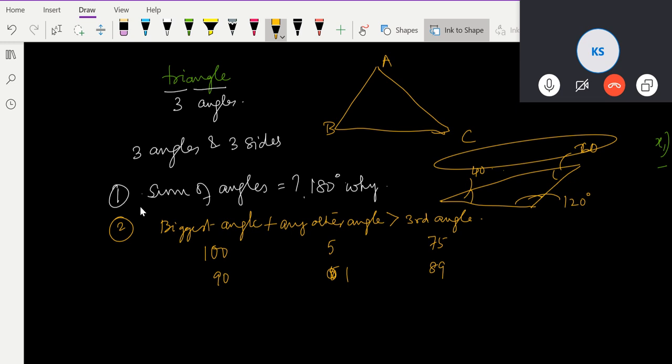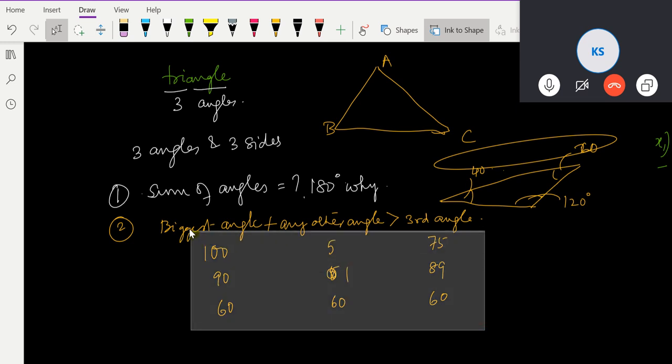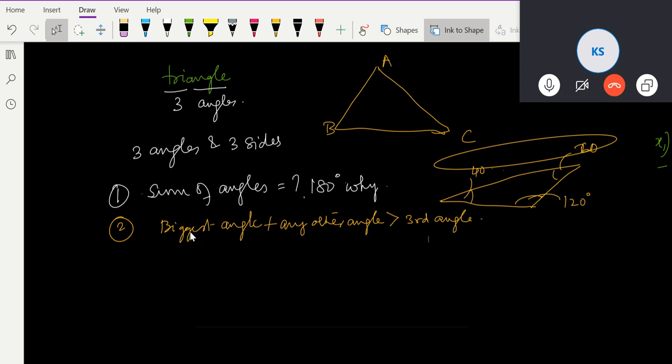And if the biggest angle is 60, then the other angles cannot be greater than 60, so it has to be 60 each. You're getting the logic? So the biggest angle plus any other angle will be greater than the third angle. This is true, but not for any two angles.